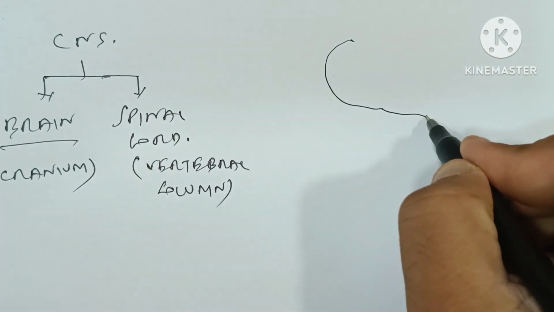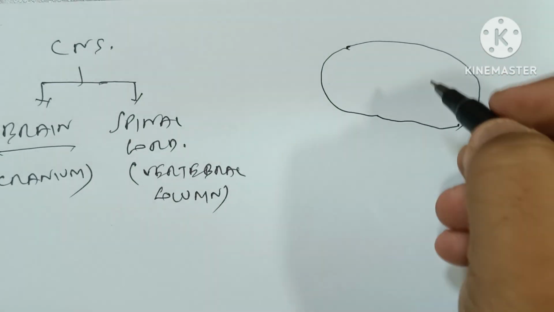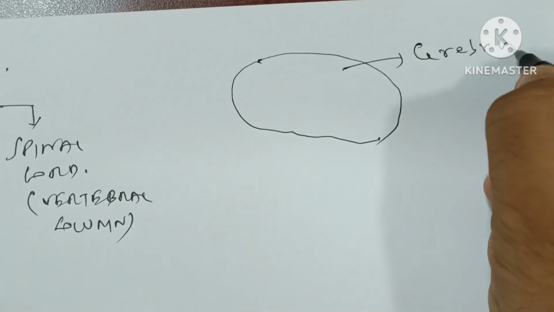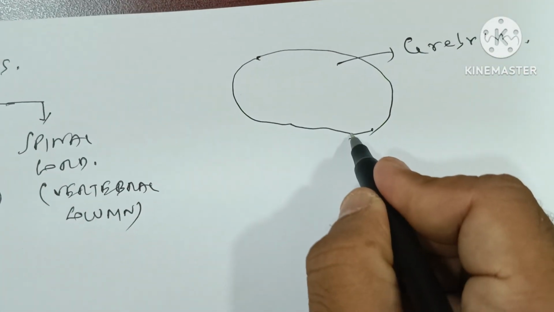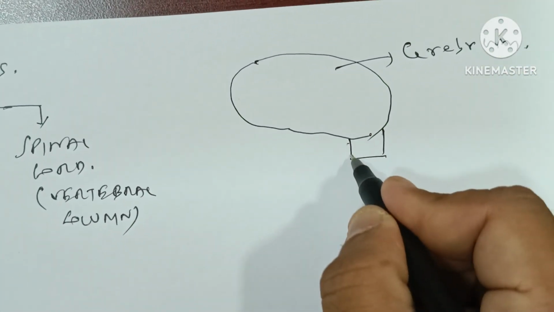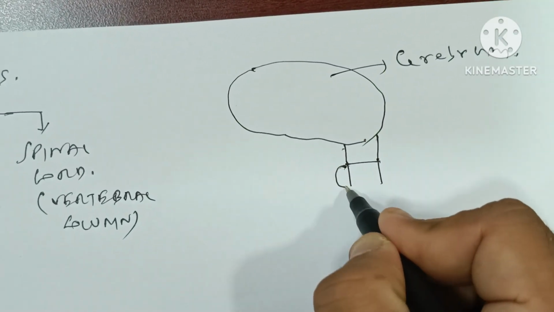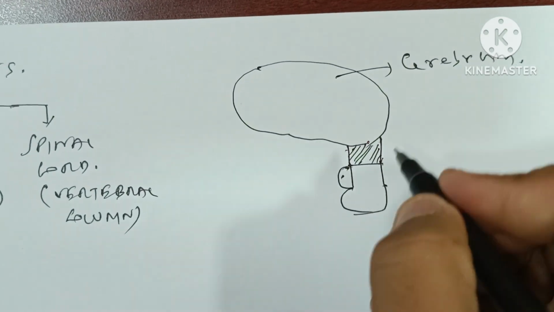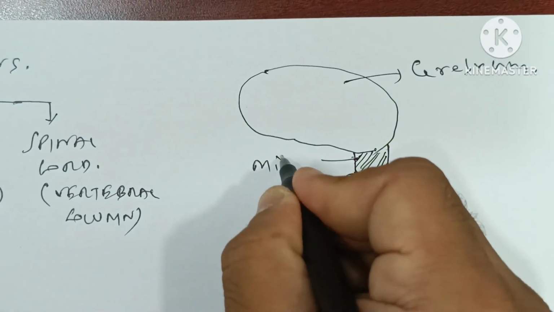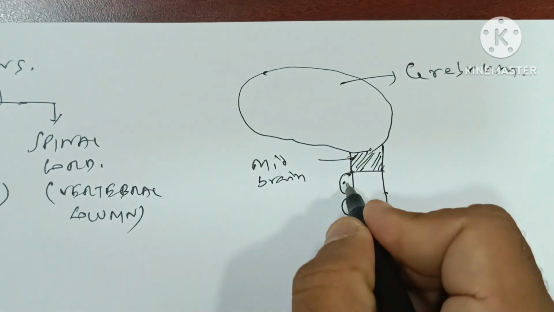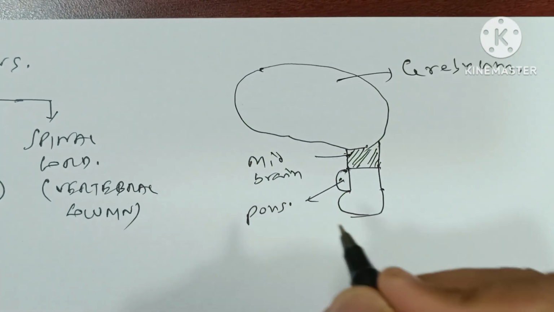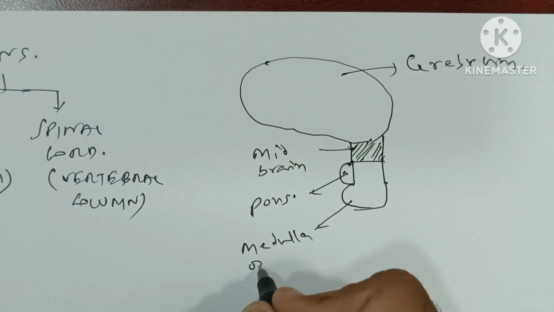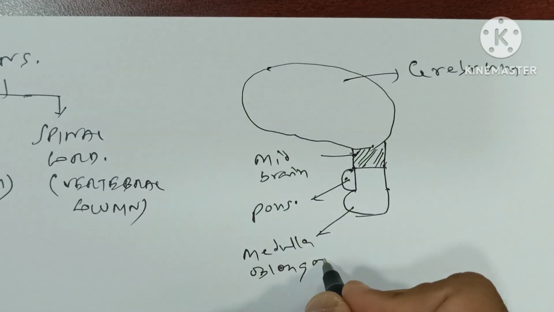The largest part of the brain is called the cerebrum. Then there is another part called the brainstem, which comprises the midbrain, the pons, and the medulla oblongata.